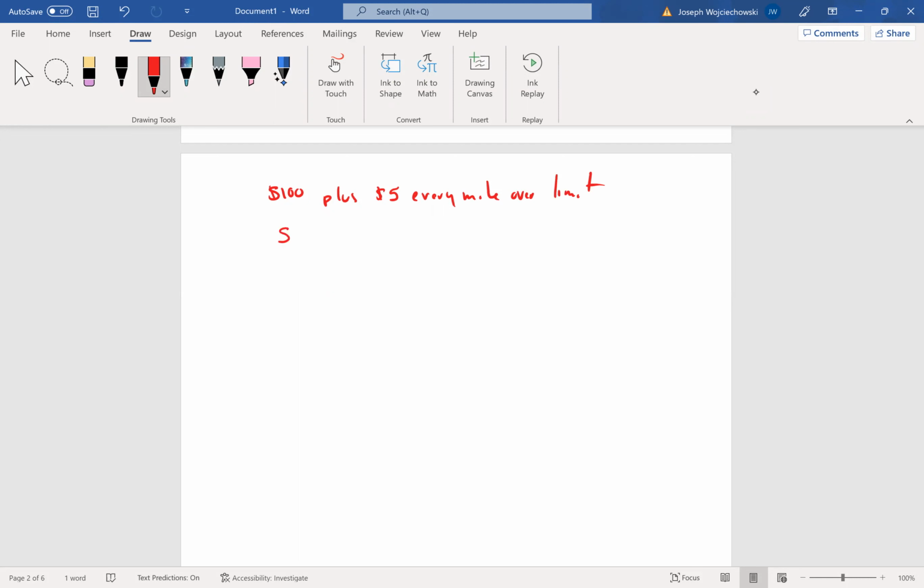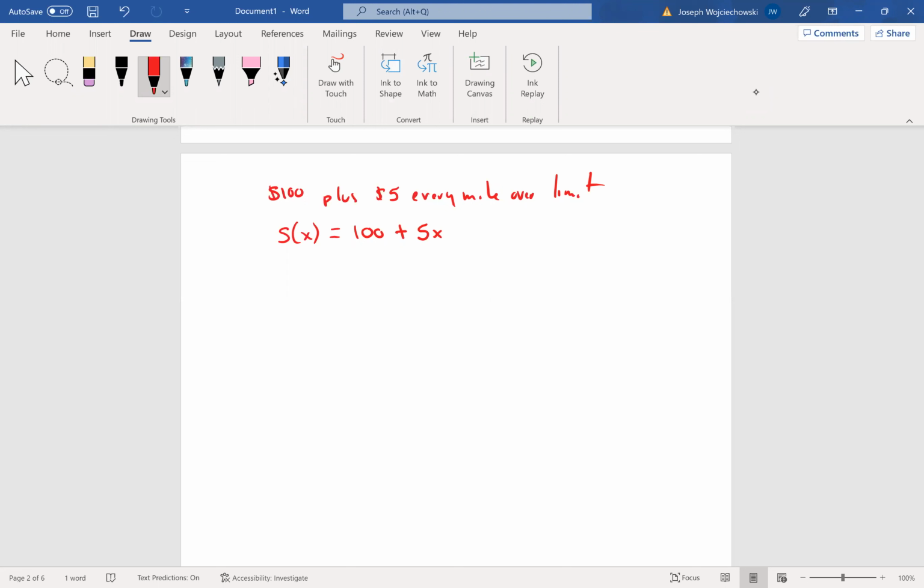I'm going to say S of X, in dollars, of a speeding ticket for a person caught driving X miles per hour over the speed limit. So there's that $100 charge plus $5 for every mile per hour over the speed limit.